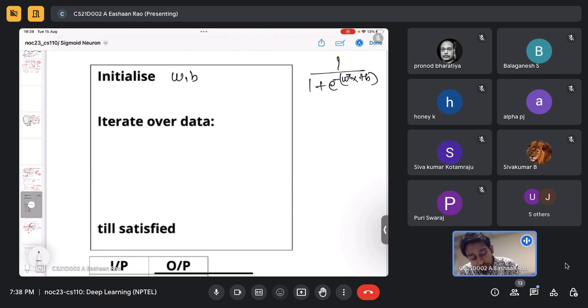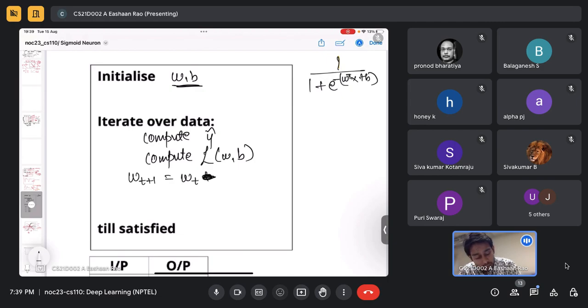We iterate over data by computing y bar, that is the f(x) function, the predicted value based on w and b. Then we calculate the loss function for w and b. Once we find the loss, we need to improve it. So we improve the weights by subtracting, where n is the learning rate, times delta wt.